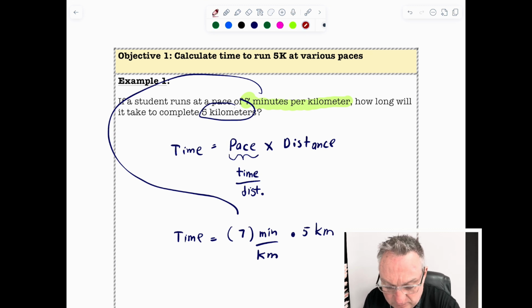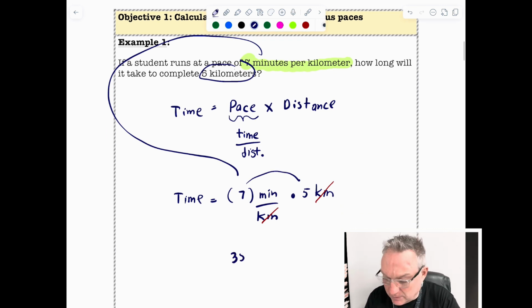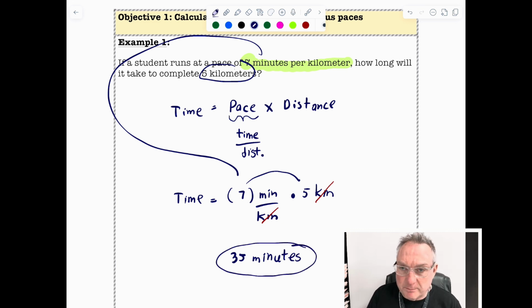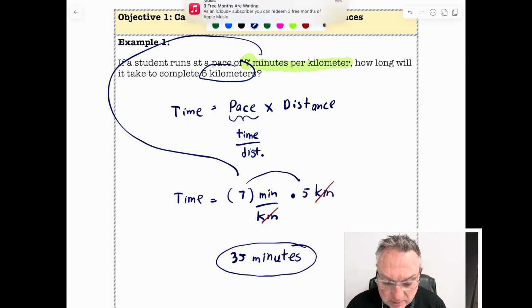And if you see what happens, the kilometers in the top and the bottom cancel, and 7 times 5 gives you 35 minutes. So when you're making your plan, if you have a goal for this, if I want to do at least 35 minutes, I got to keep my pace going at 7 minutes per kilometer.